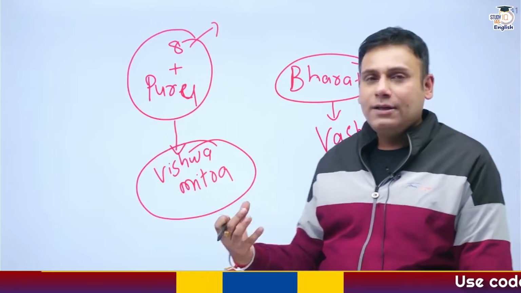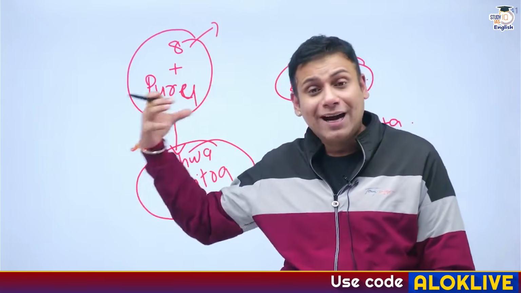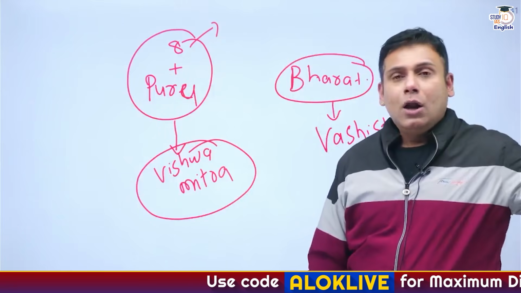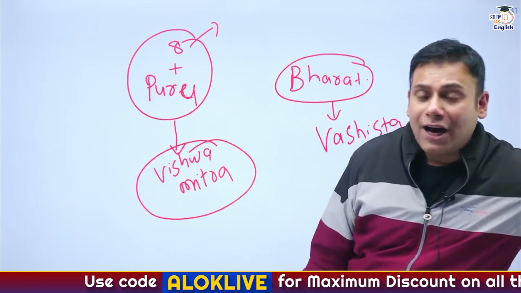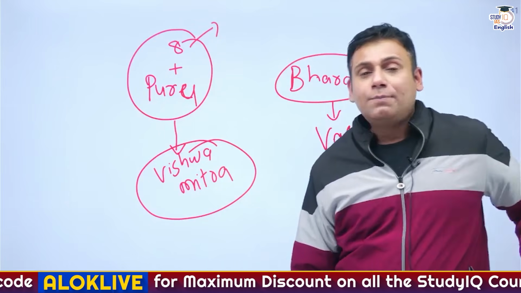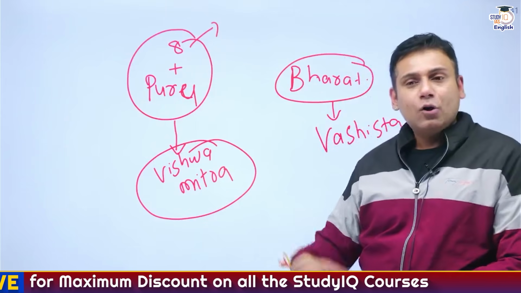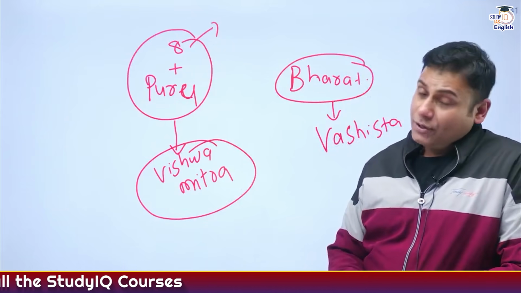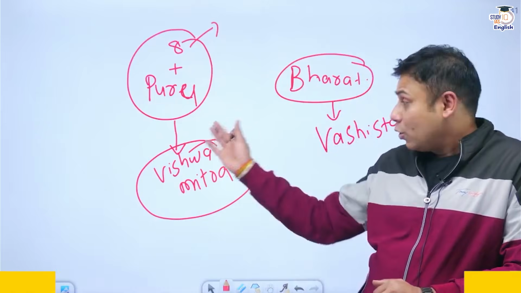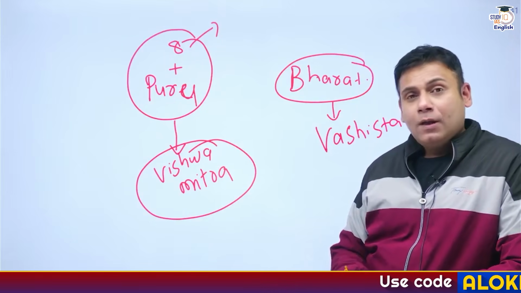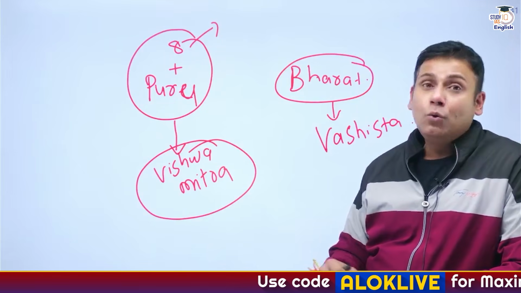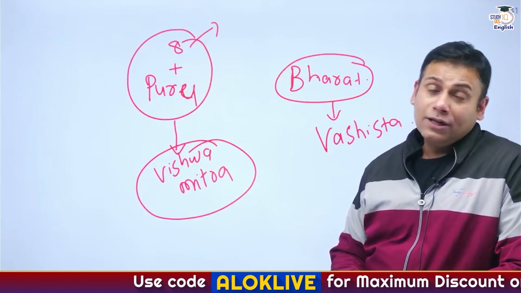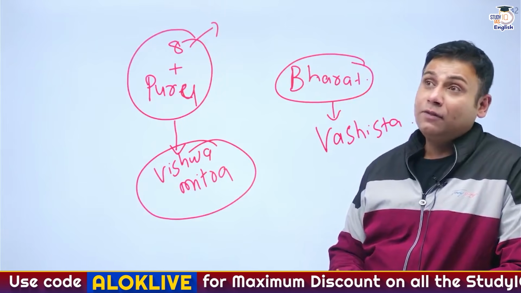Now he felt thirsty and he saw an ashram, the ashram of sage Vasishtha. He went there and sage Vasishtha welcomed Raja Kaushik. He offered him some food, and Raja Kaushik was very much attracted by the food that was served to him.